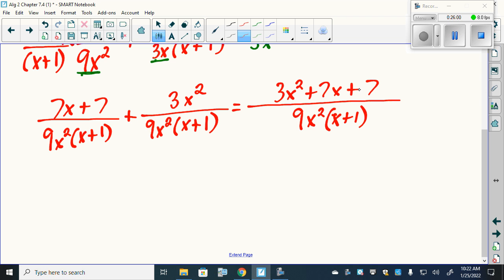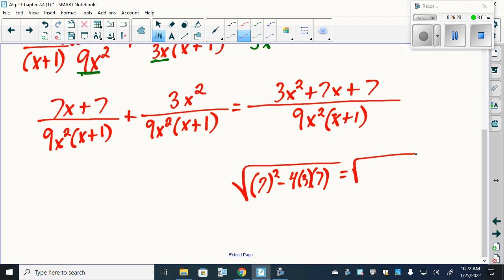Now we need to check to make sure that the numerator is not factorable in any way, and this one's not. Because we can go back to the square root of b squared minus 4ac, which would be 7 squared minus 4 times 3 times 7, and type that into a calculator. If this gives us a whole number, it means it's factorable. If it gives us a decimal or a term with i, it doesn't work.